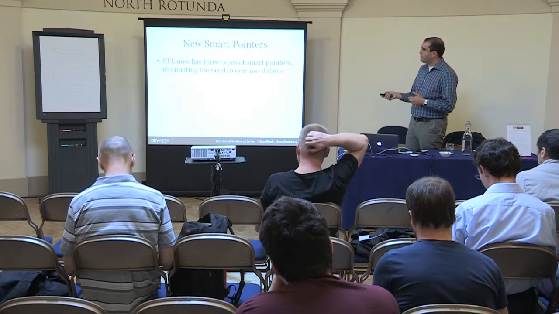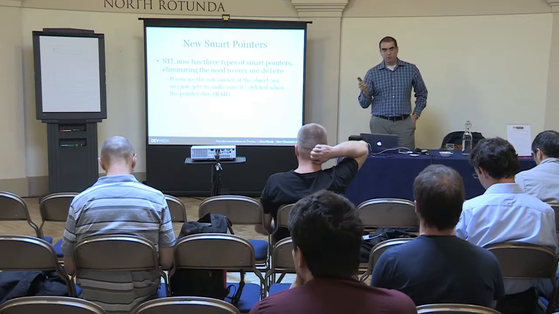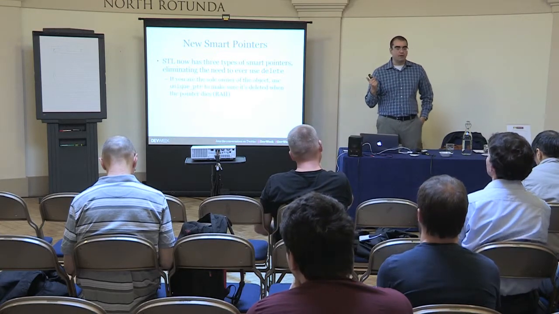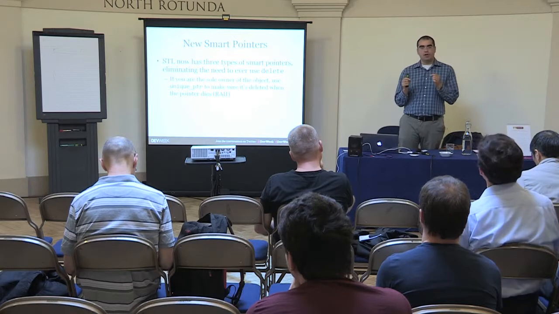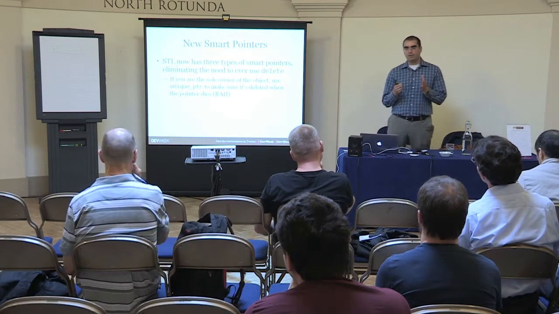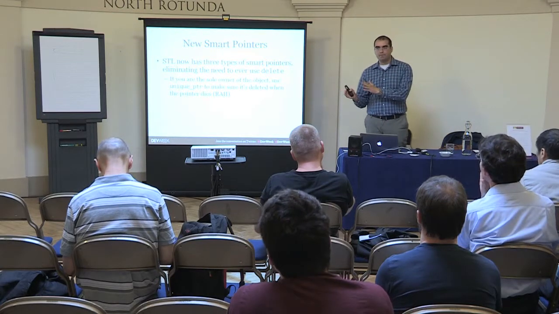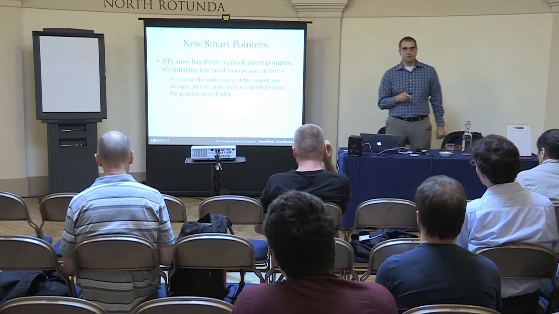So the STL now has 3 types of smart pointers. We have a unique_ptr, for situations when you are the only owner of that memory. And unique_ptr is not copyable, it's only movable. And I'll explain this in a couple of seconds.